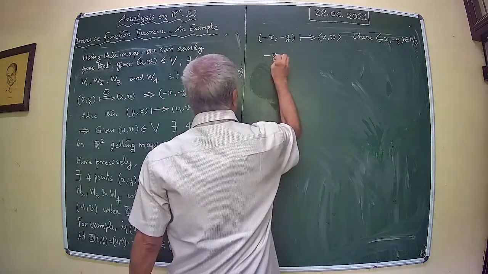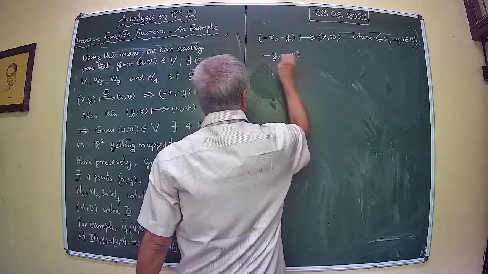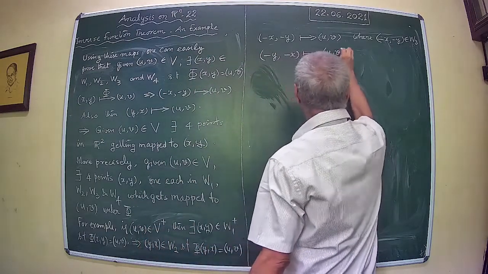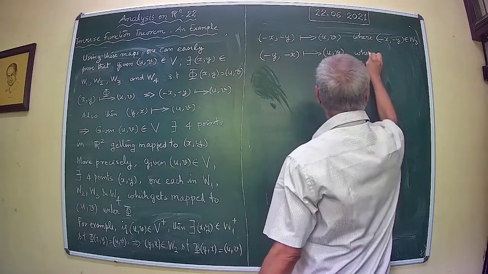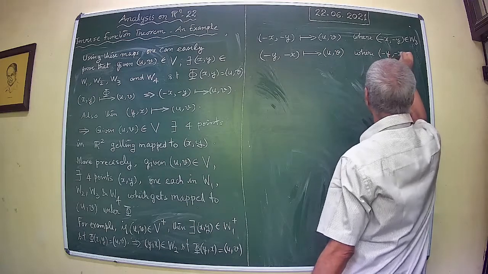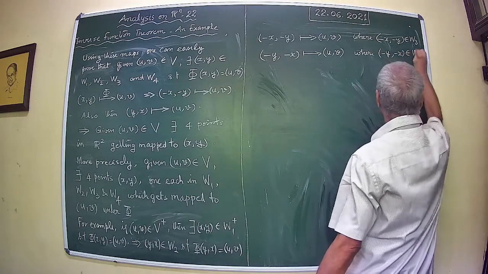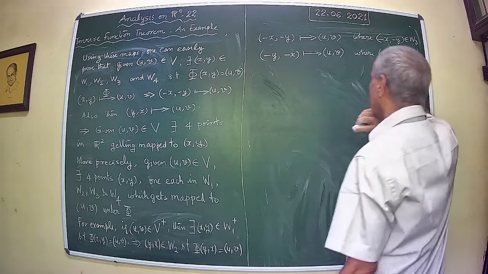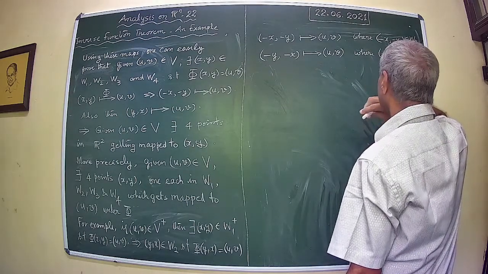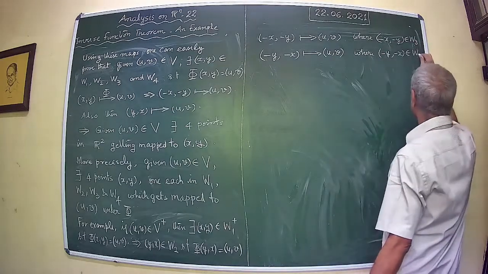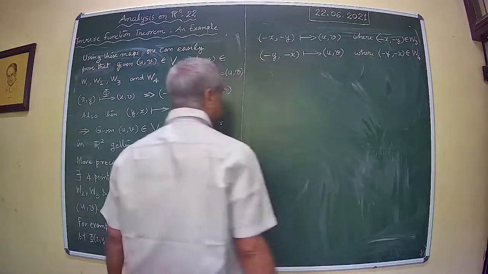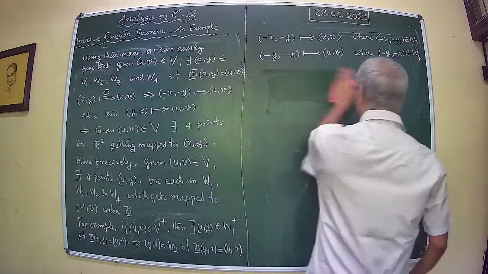Minus y minus x also gets mapped to UV, where W4. That is because this is, I will draw the picture.